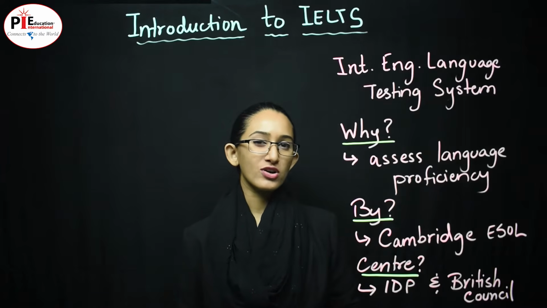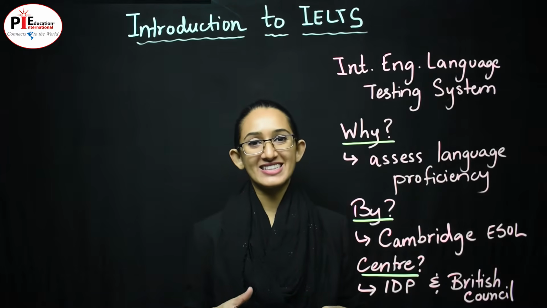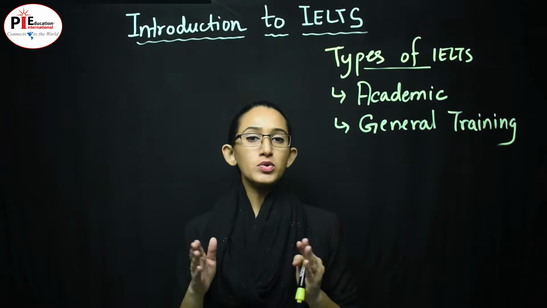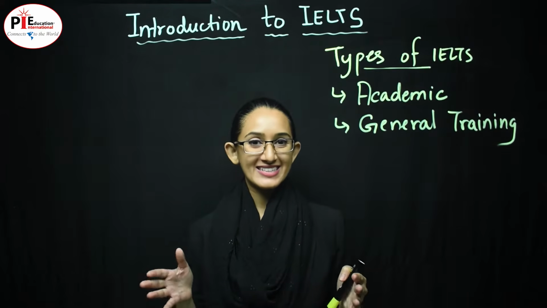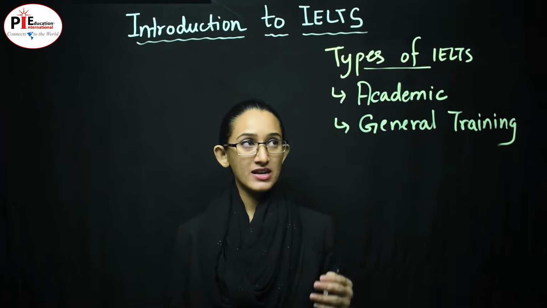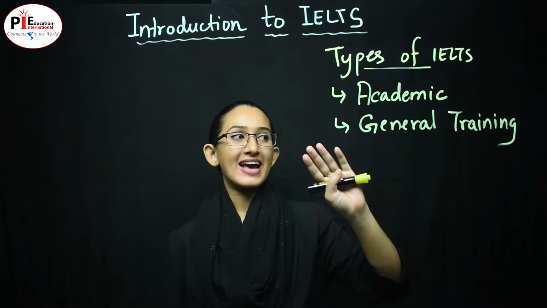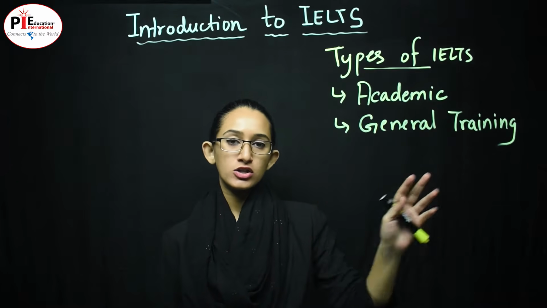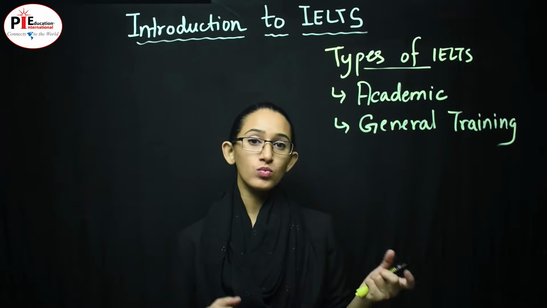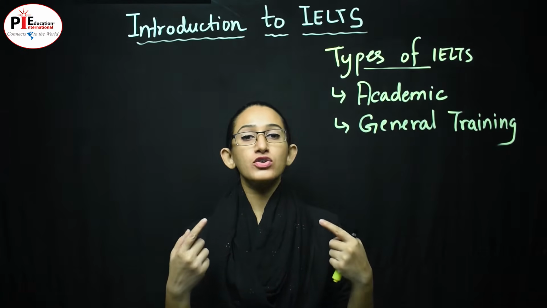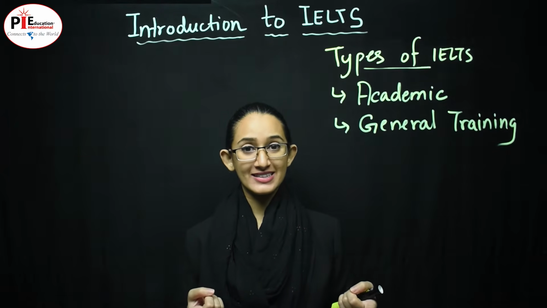Now let's take a look at the different types of IELTS exams. The two different kinds of IELTS examinations that exist are the academic IELTS and the general training IELTS. So choosing which one to give will depend on why you are planning to take the IELTS.